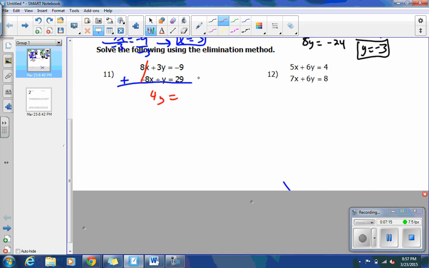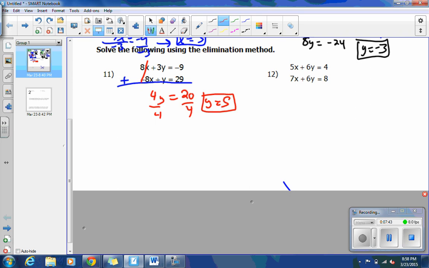And then negative 9 plus 29 is actually 20. It's just like 29 minus 9. And when we solve for y, 20 divided by 4 is 5. Look at that. I hardly showed any work, and I already got one of the variables. That's another reason why this elimination method is so great.